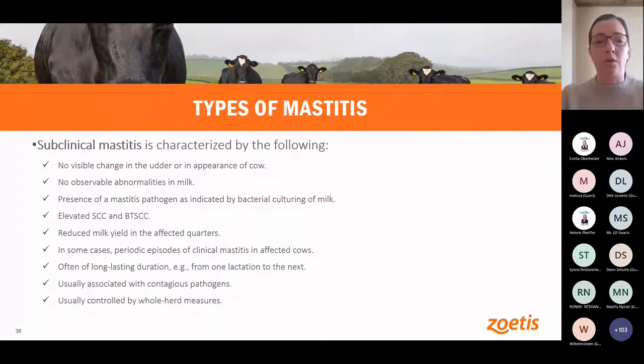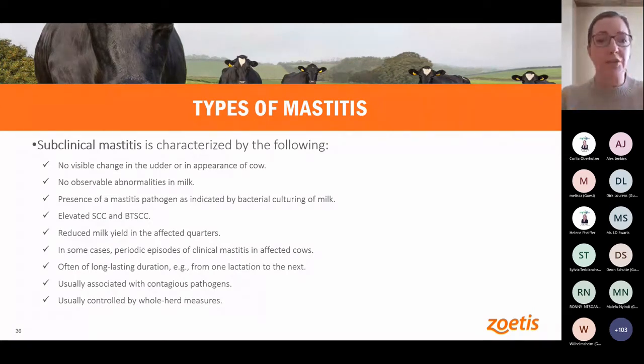We've talked about those periodic episodes of clinical mastitis, and then the chronicity from one lactation to the next. Sorry, I'm laughing at myself. I've just made up a word, chronicness. All right, so usually, like I said, associated with contagious pathogens, and how we control this is with whole herd measures. In other words, looking at the hygiene and the milking procedures, etc.